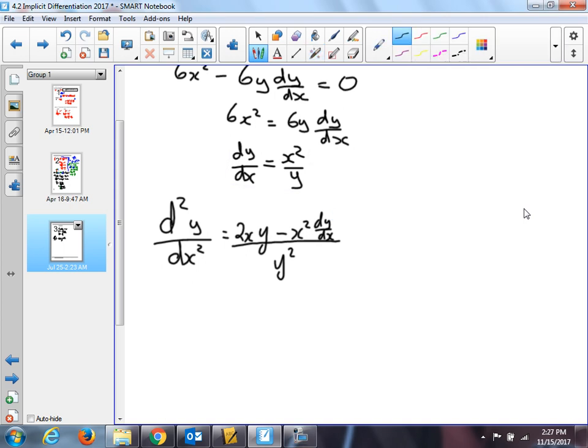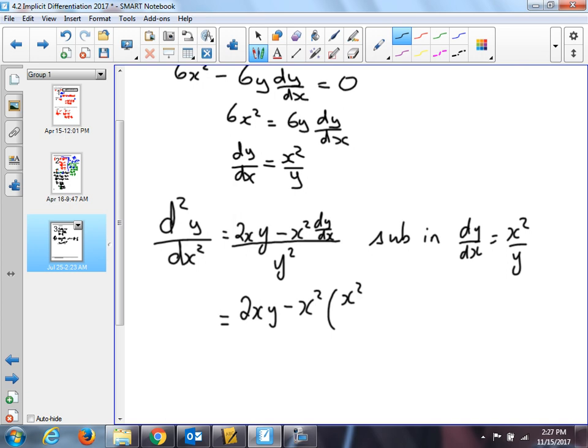So I'm going to sub in. And so for a moment, I'm going to have a fraction inside this fraction. 2xy, subtracting x squared over y.